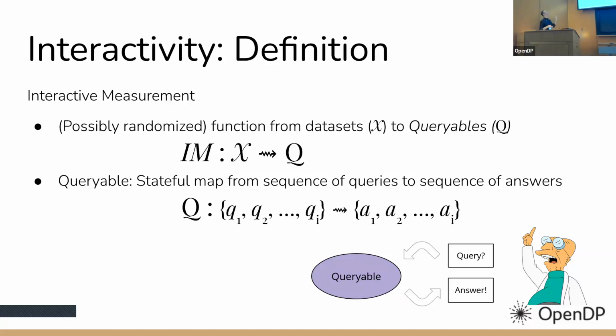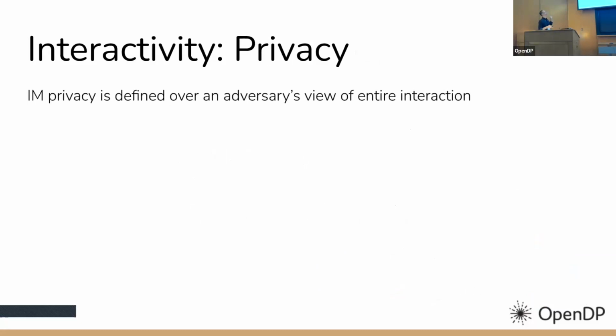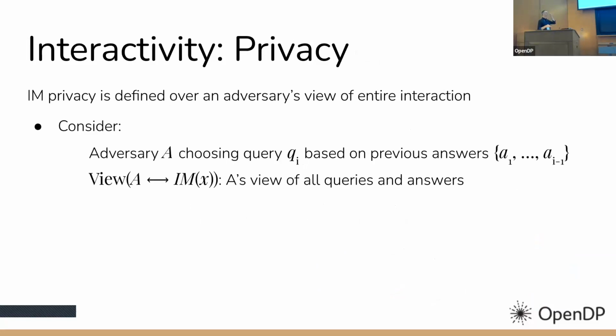Now, if we have interactivity, it changes a little bit how we define privacy. So what's happening under the hood is a little bit different. In this setting, privacy is defined by thinking about an adversary and what the adversary sees in that whole interaction. To talk about that, we've got to consider a couple of things.